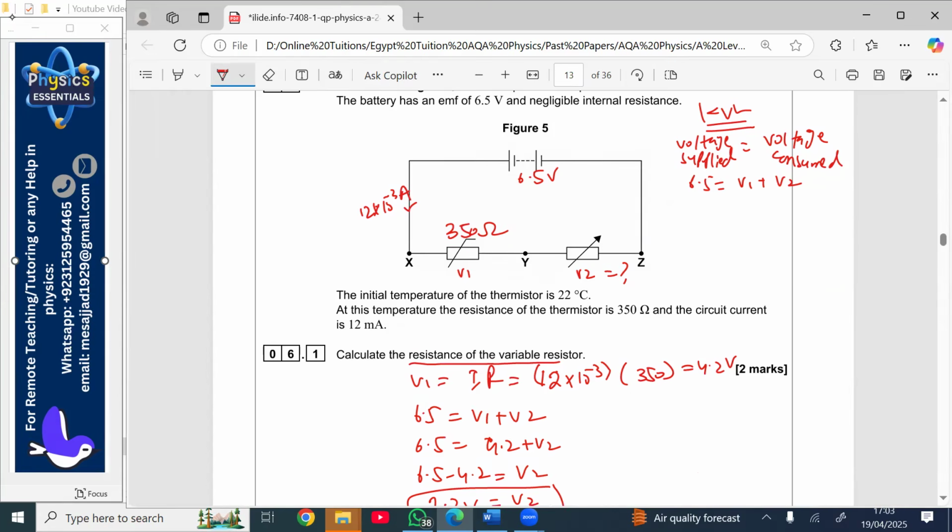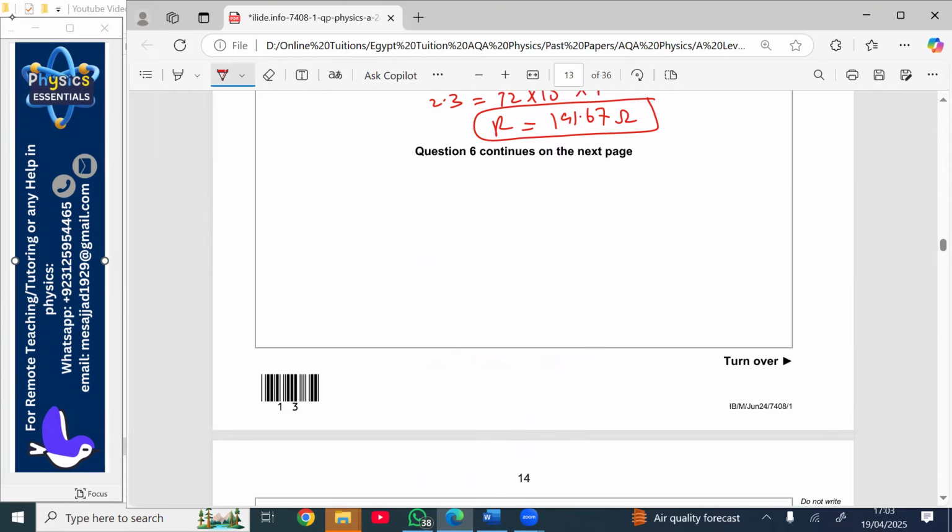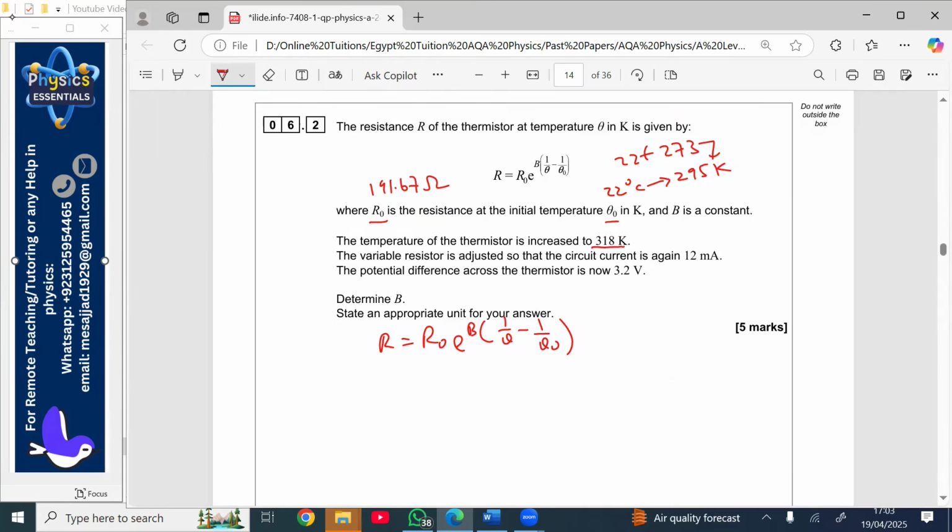So it's not 191, it's 350 ohms, because it is for the thermistor, not for the variable resistor.